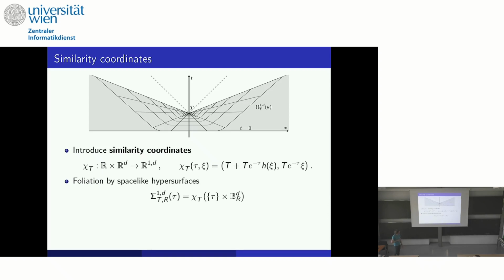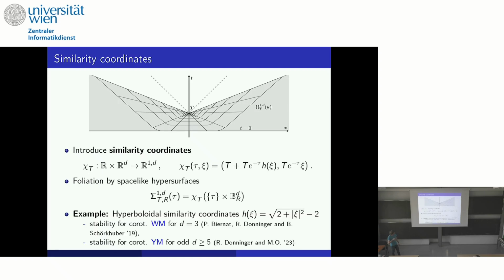inside this region here. They were first implemented in a hyperboloidal setting, for a hyperboloidal height function h, by Roland and Birgit for the three-dimensional wave maps problem, and later on in my first project with Roland for the Yang-Mills equations in odd space dimensions.